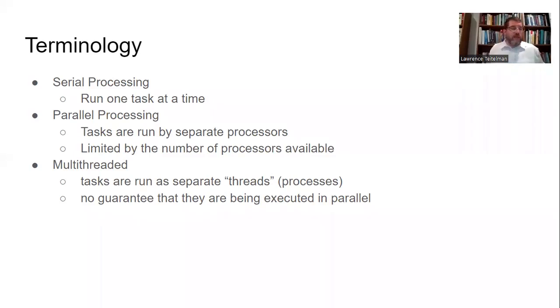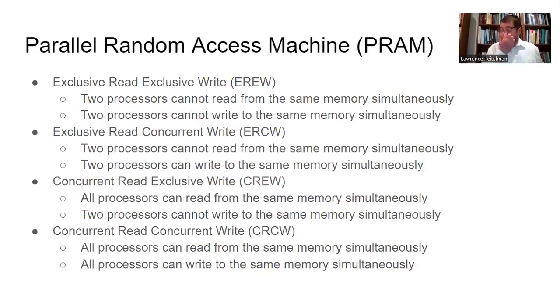In a course like operating systems, you learn about how that happens behind the scenes. We also have something called multi-threaded, which means they're being run as separate threads, but just because something is multi-threaded, we don't necessarily know that it's actually running in parallel. So we're assuming that we're dealing with actual parallel processing.